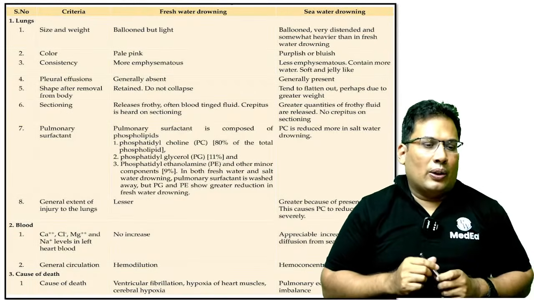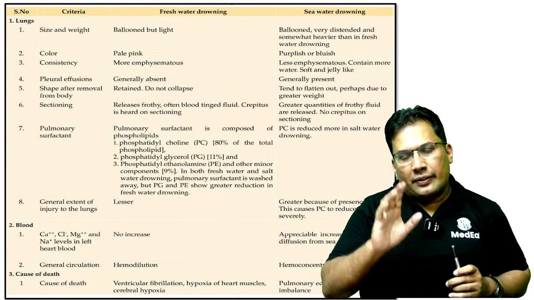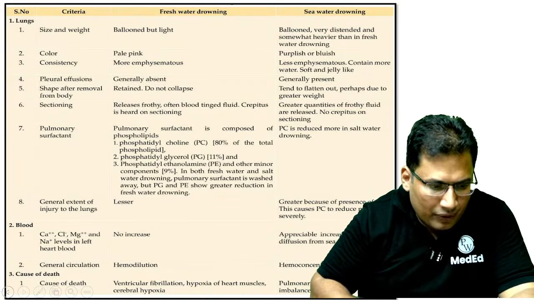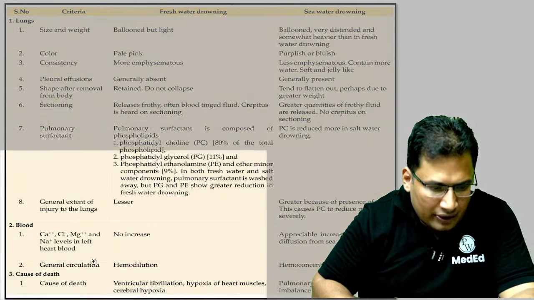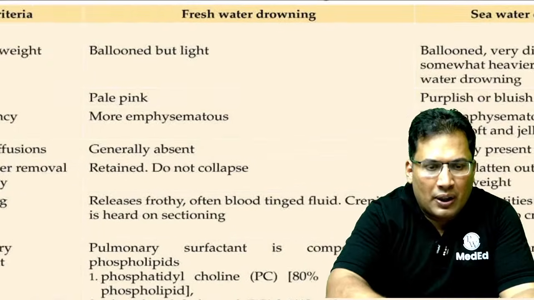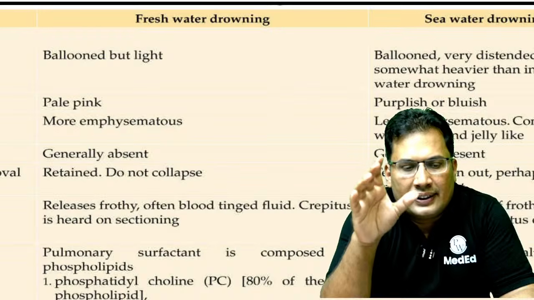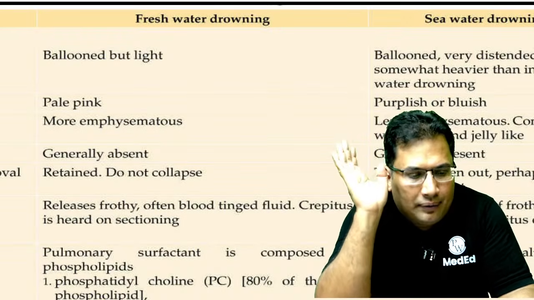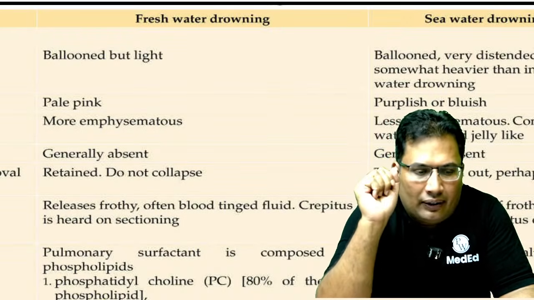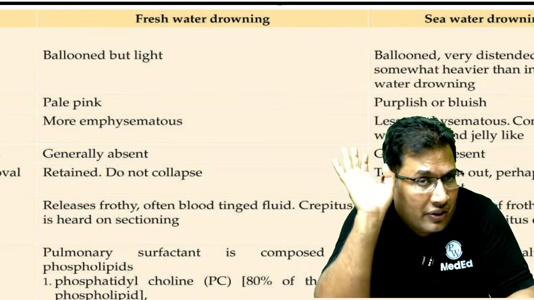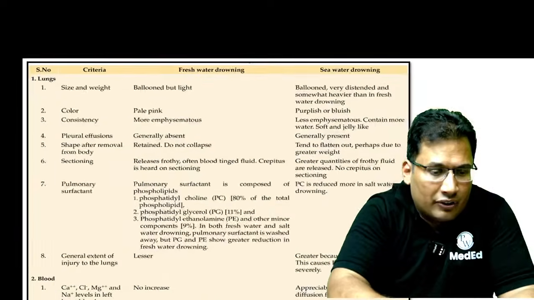Freshwater drowning and seawater drowning differences. No need to worry, just try to memorize. In freshwater drowning, lungs are ballooned but light, pale pink in color. They are more emphysematous. This word is important.